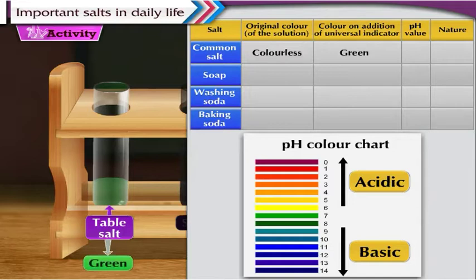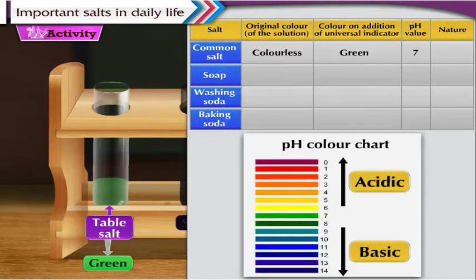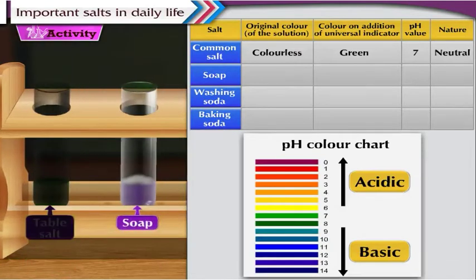On comparing this color with the pH color chart, we find that the pH of the solution of table salt is 7. We know that pH 7 indicates a neutral solution. This shows that the solution of table salt is neutral. Soap solution is also originally colorless.